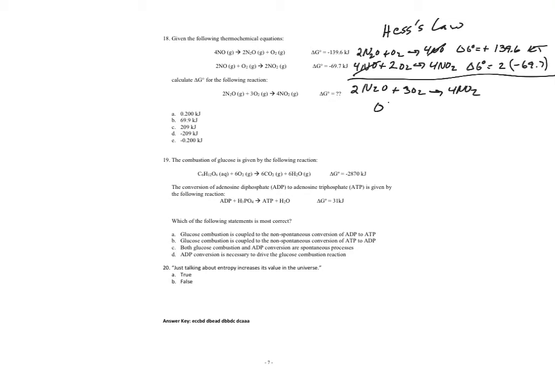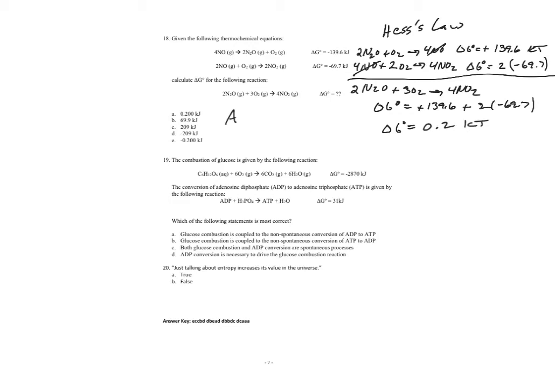So the delta G for this reaction would be 139.6 positive plus 2 times negative 69.7. All right, so that delta G value would be equal to 0.2 kilojoules. All right, so that would be answer A.